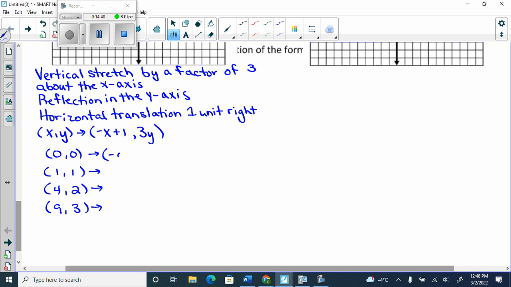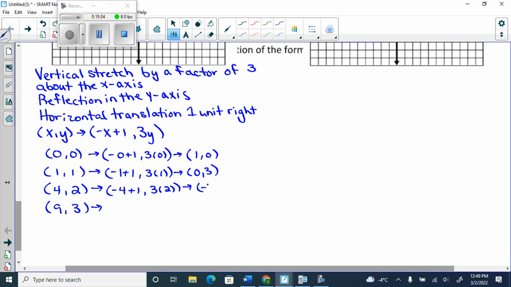So we're going to go negative 0 plus 1, comma 3 times 0. Oh, it's 1 and 0. So that's my new point. This one is going to be negative 1 plus 1, comma 3 times 1, which is 0 and 3. This one is negative 4 plus 1, comma 3 times 2.